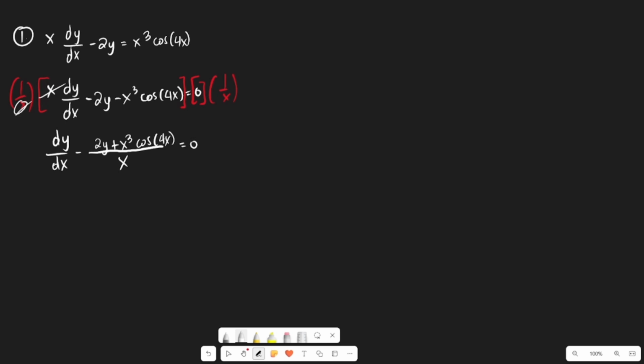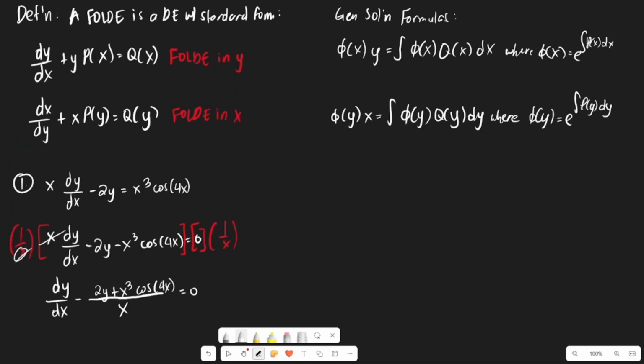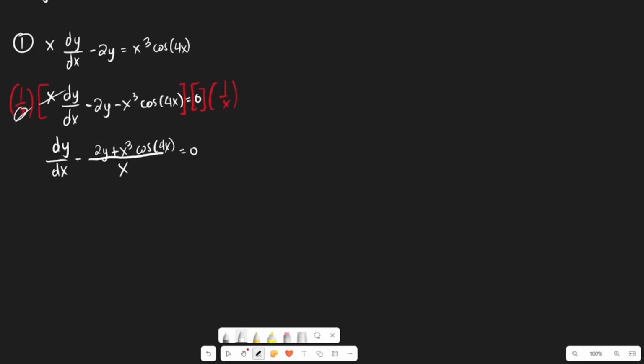Now our goal right here is that we need to have a y. Our standard form for dy dx, the FOLDE in y, is that when we already have the derivative dy dx, we need to add it to a y.